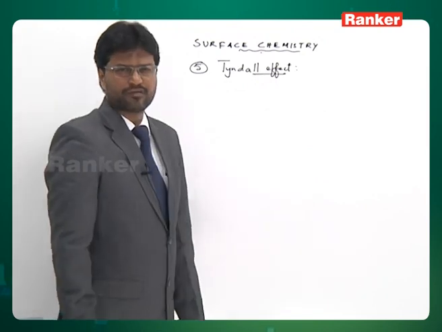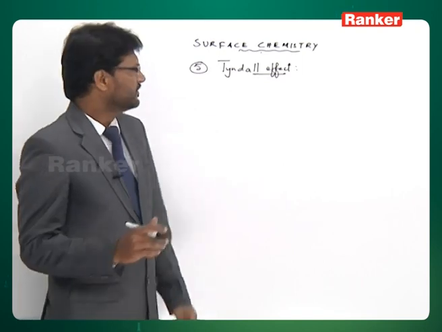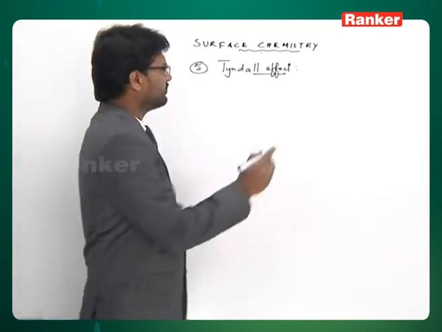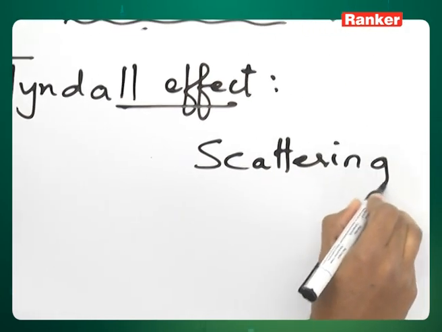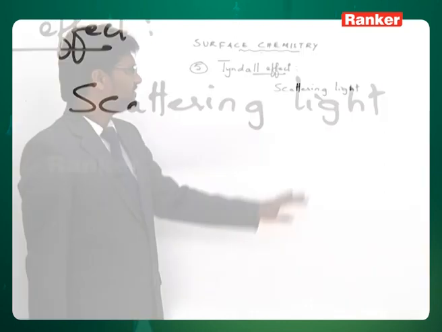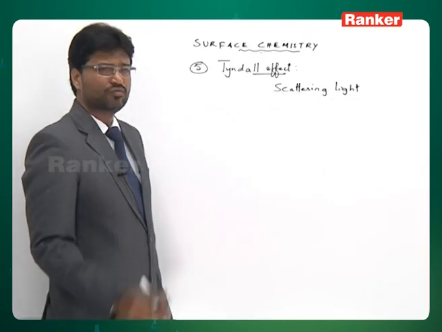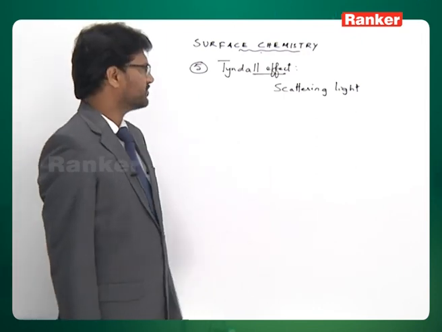Number 5. One of the important properties of colloidal solutions is they exhibit what is called the Tyndall effect. This is scattering of light. This property of scattering of light is called the Tyndall effect. There are two conditions which must be satisfied for a colloidal solution to exhibit Tyndall effect.